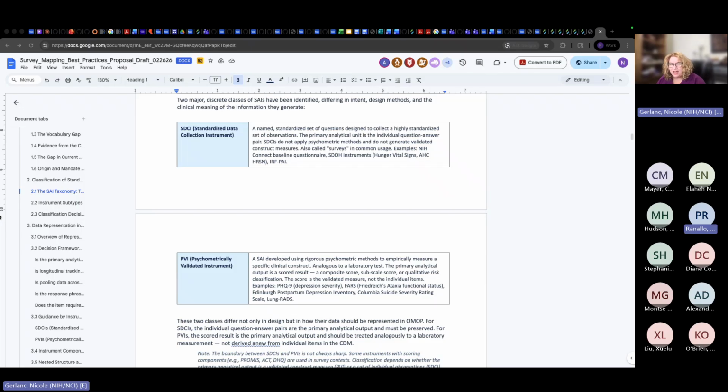Yeah, so I think, and there's the option, what Diane said, it can go into the observation, or we can decide that it's part of the metadata. And part of what we have to think about is what makes the data reusable or poolable versus how you'll analyze the data.